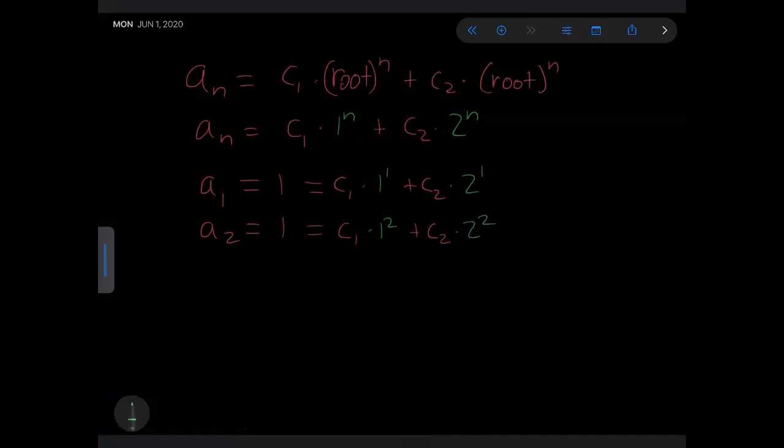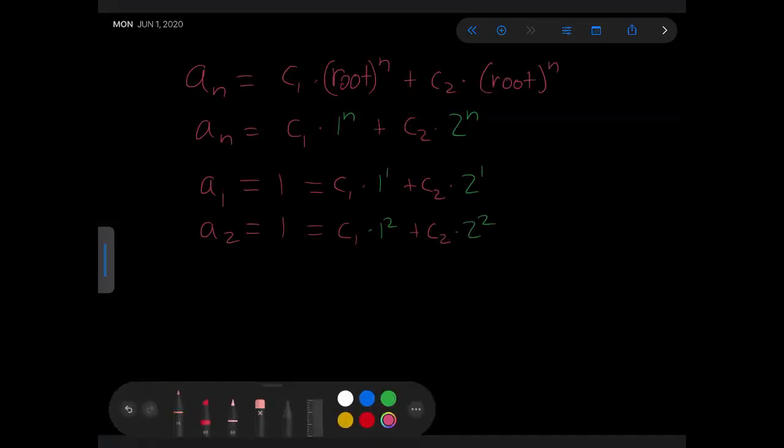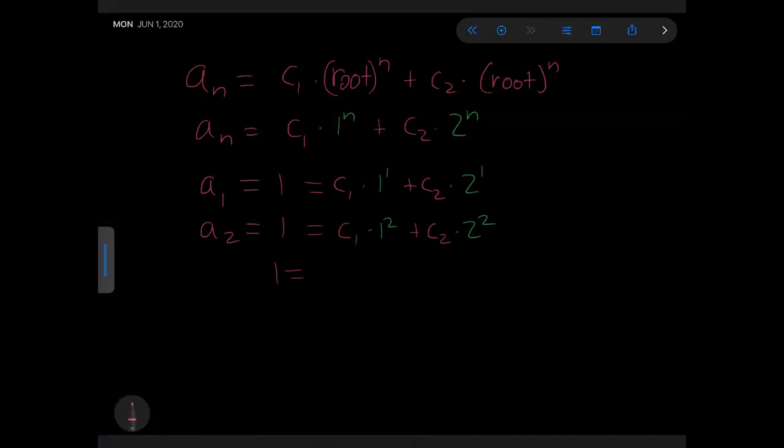Let's make this simpler. We say that 1 is equal to c1 plus 2c2, and 1 equals c1 plus 4c2.